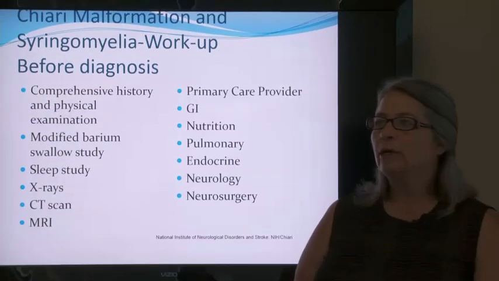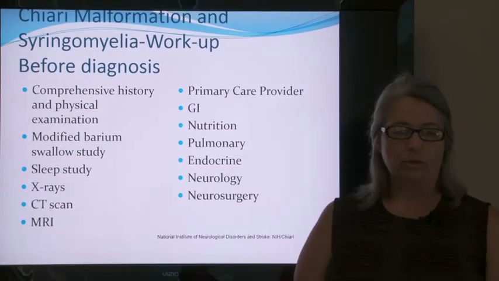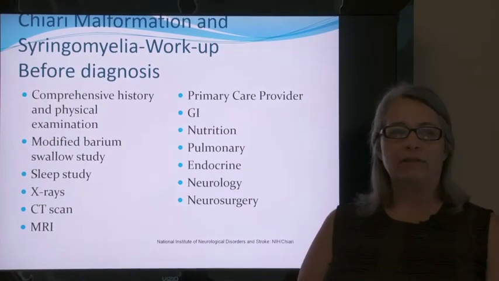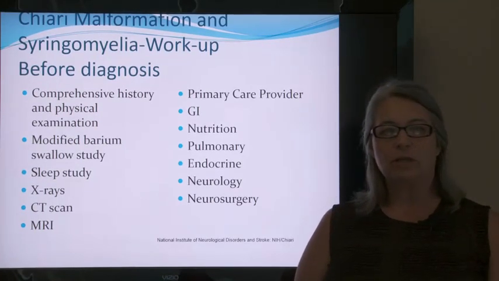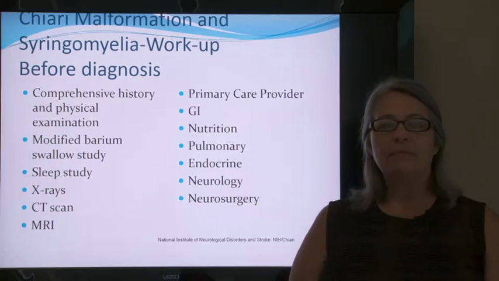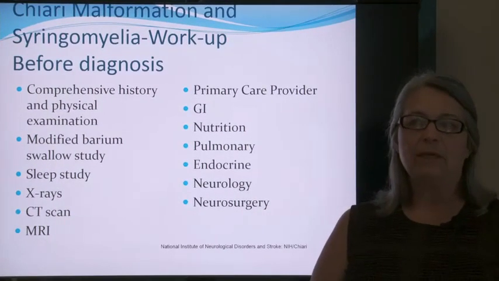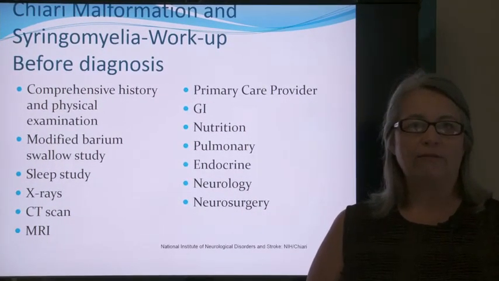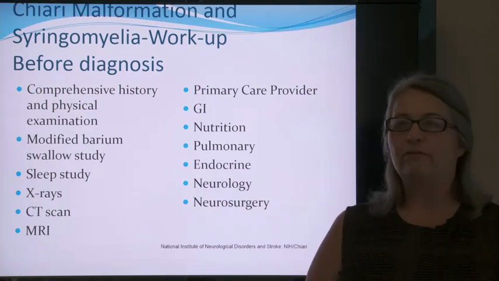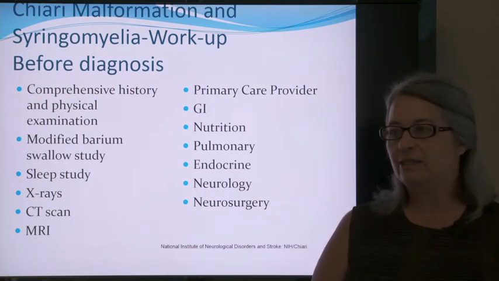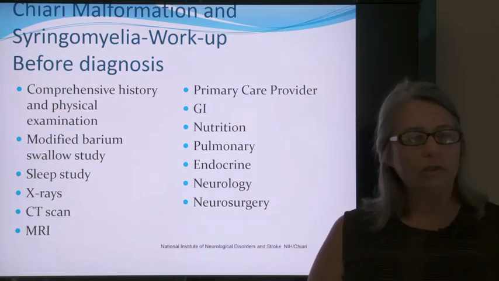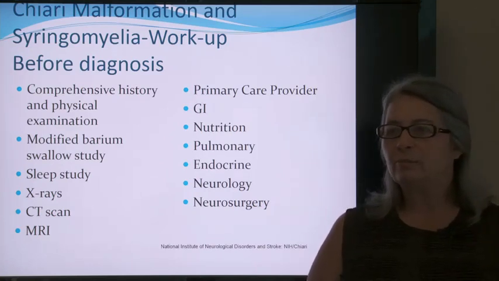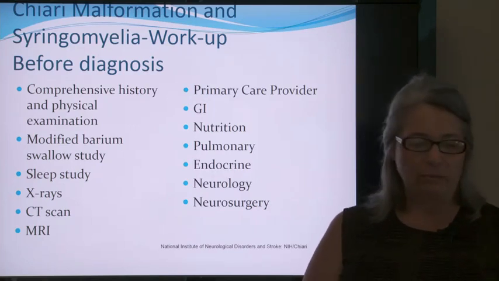So what is the workup that's done before they see neurosurgery or before it's determined that they have a Chiari malformation? It can be very comprehensive. Just as we talked about the infants, it may be months before it's found that they have a Chiari malformation. So they may have been through quite a few different formulas, GI specialists, maybe they've been to pulmonary specialists. If they were born a little early, they may have a little bit of aspiration problems, so they might have some breathing problems.